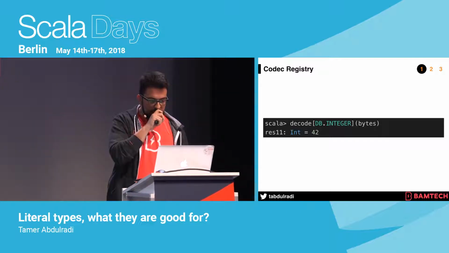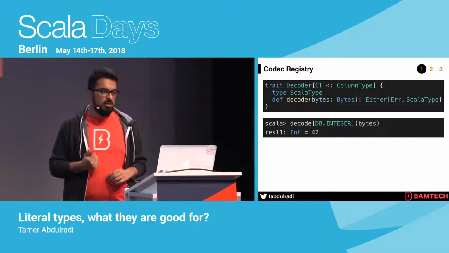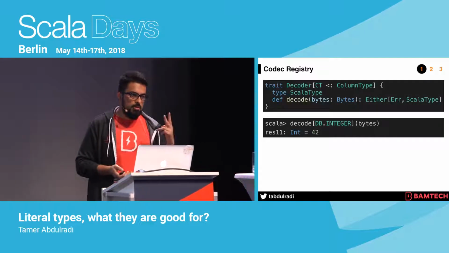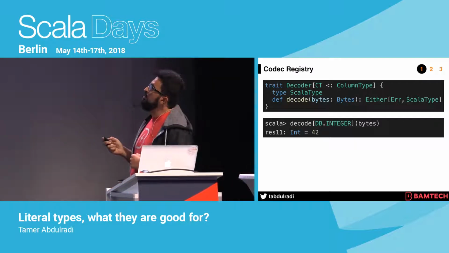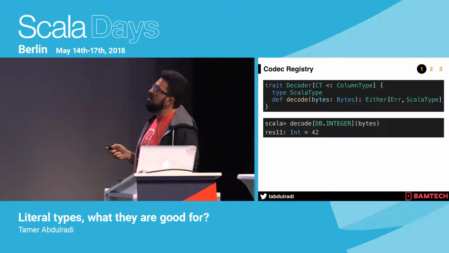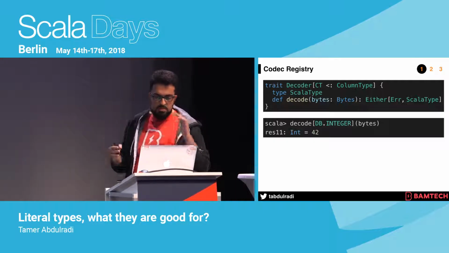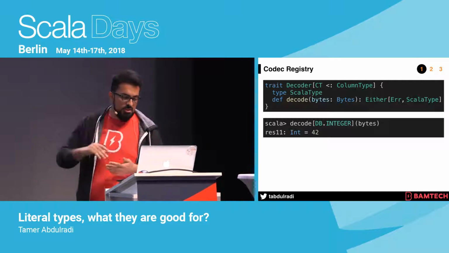In order to achieve this, we define a type class with two pieces of type information. The column type is represented as a type parameter, and the Scala type is represented as a type member.